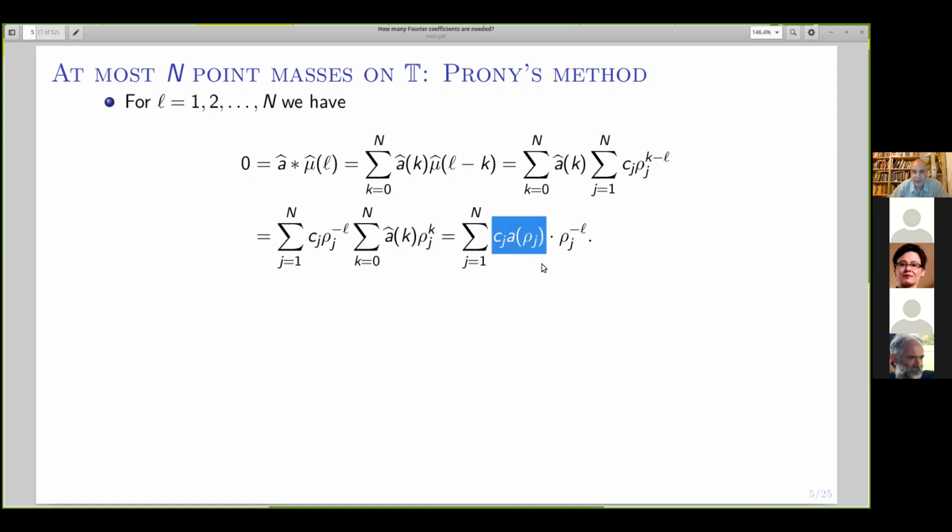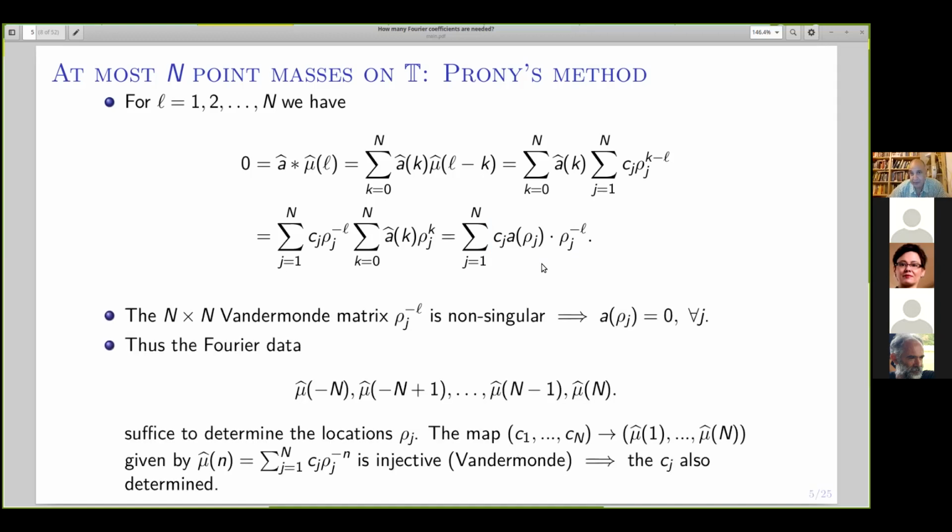Okay, now the rho j to the minus L is a Vandermonde matrix. If you consider j and L to be the variables of the matrix, it's a Vandermonde matrix, which is clearly non-singular because all the rho j are assumed to be different. That's what you need for a Vandermonde matrix to be non-singular.